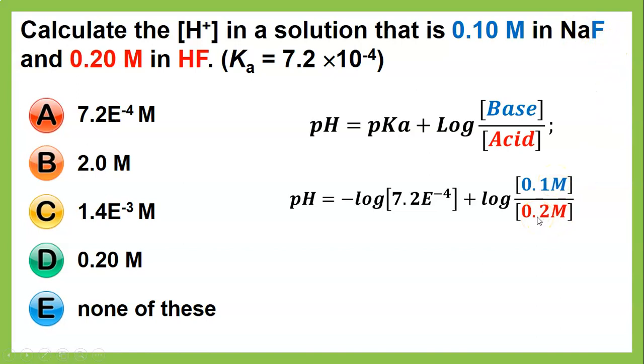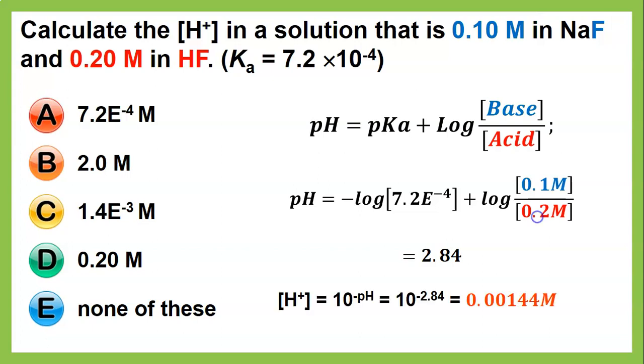And then I have my acid concentration on the bottom to get my pH. And if you remember your basic pH calculations, if you have the pH but you want the concentration of hydrogen, you can just do 10 to the negative pH. And we get the exact same answer as before.